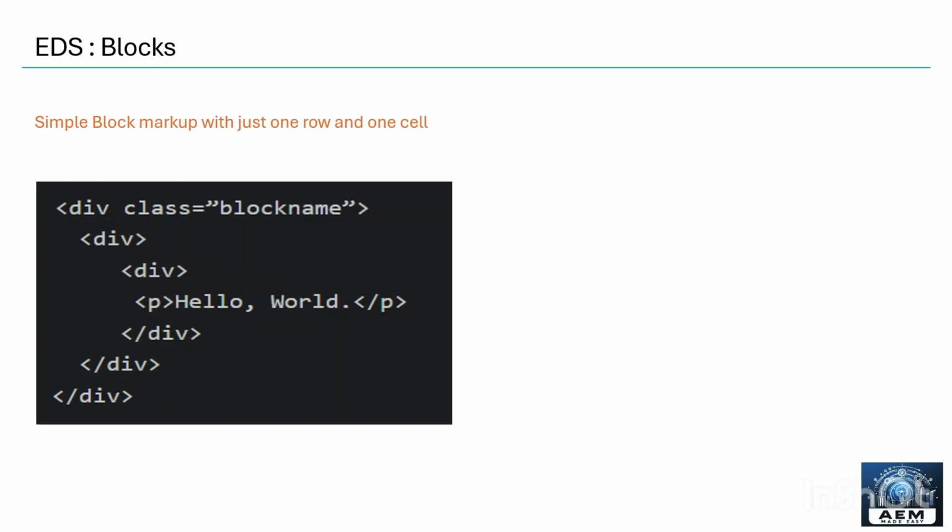So normally, to author the blocks, we create a table, and the first row contains the heading or the name of the block, and then we can have next rows and columns, which can contain data that can be rendered on the page for that particular block.